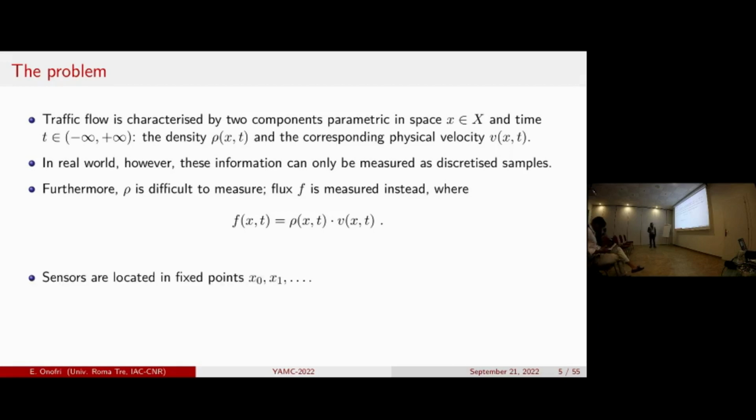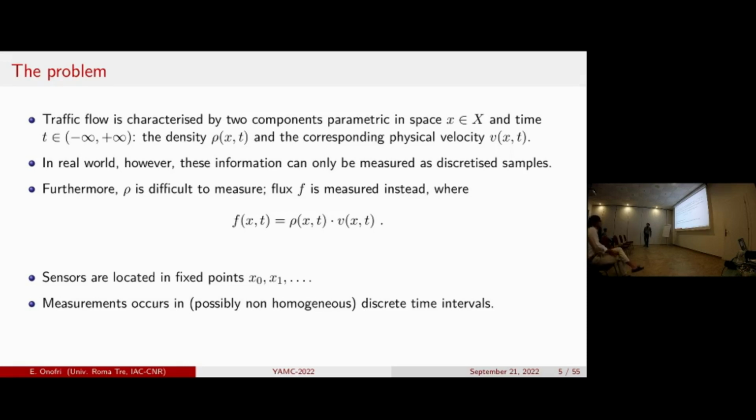Sensors, as I was saying, are located in fixed points within the streets, and measurement occurs at non-homogeneous, discrete time intervals. At some point in time, sensors decide, okay, I give you the next data, but we still don't know if there's a fixed amount of time between them.